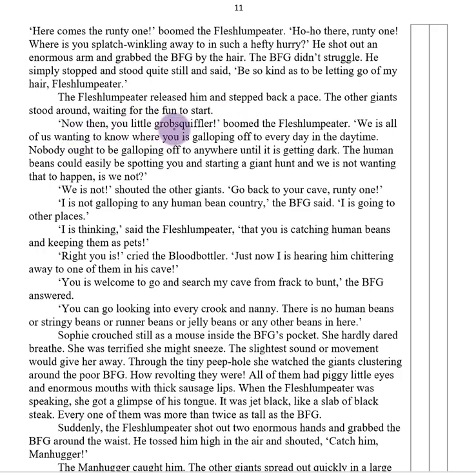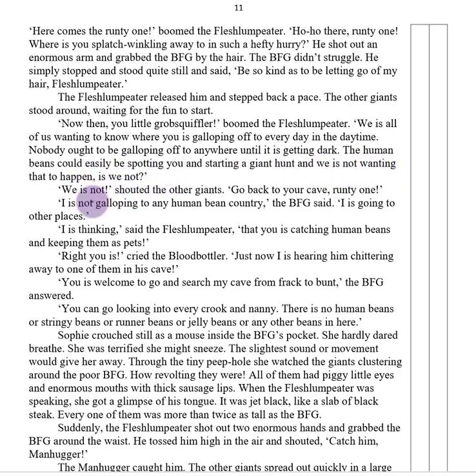"Now then, you little grub squiffler," boomed the flesh lump eater. "We is all of us wanting to know where you is galloping off to every day in the daytime. Nobody ought to be galloping off to anywhere until it is getting dark. The human beings could easily be spotting you and starting a giant hunt, and we is not wanting that to happen.